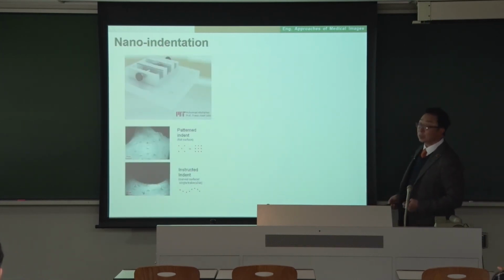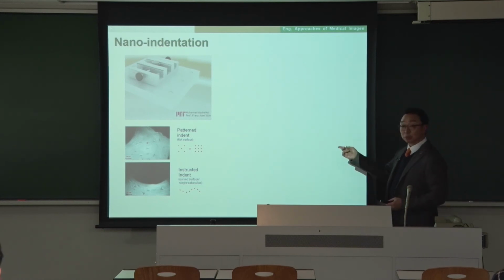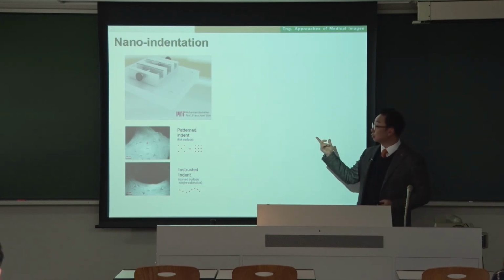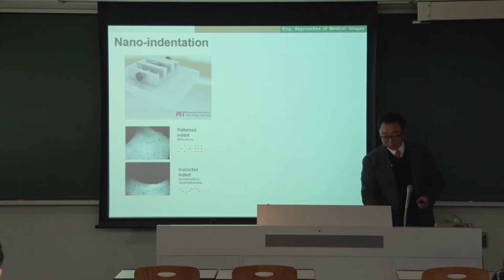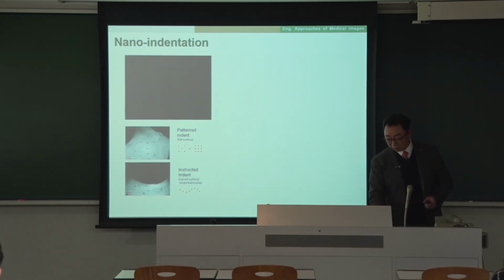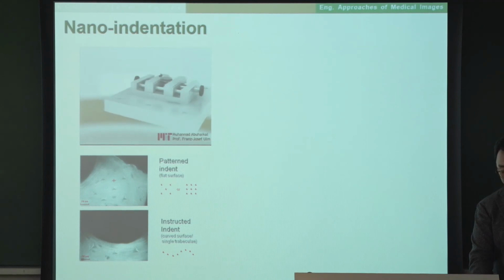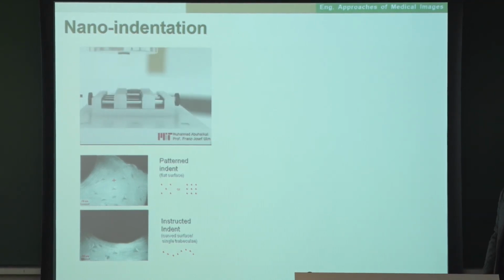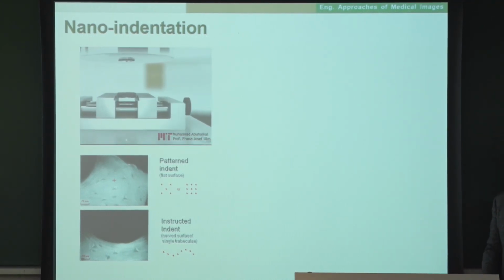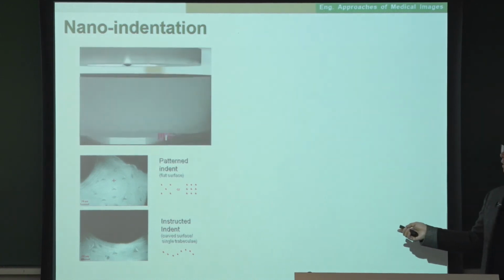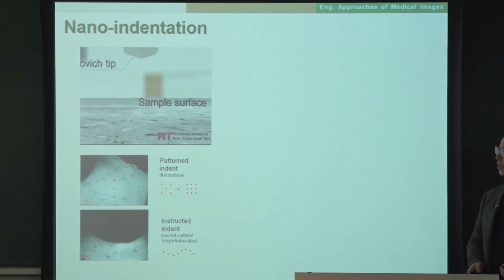Another thing is nanoindentation. Dr. Oum in civil engineering at MIT has an excellent video on nanoindentation. For those who don't know what nanoindentation is, this is very nice and good equipment. This is a sample surface, and this is a Berkovich tip.